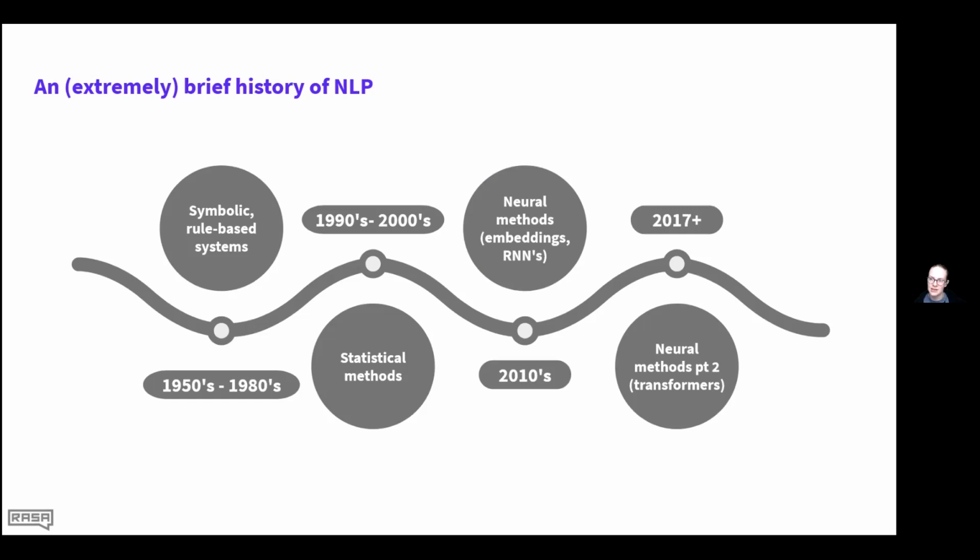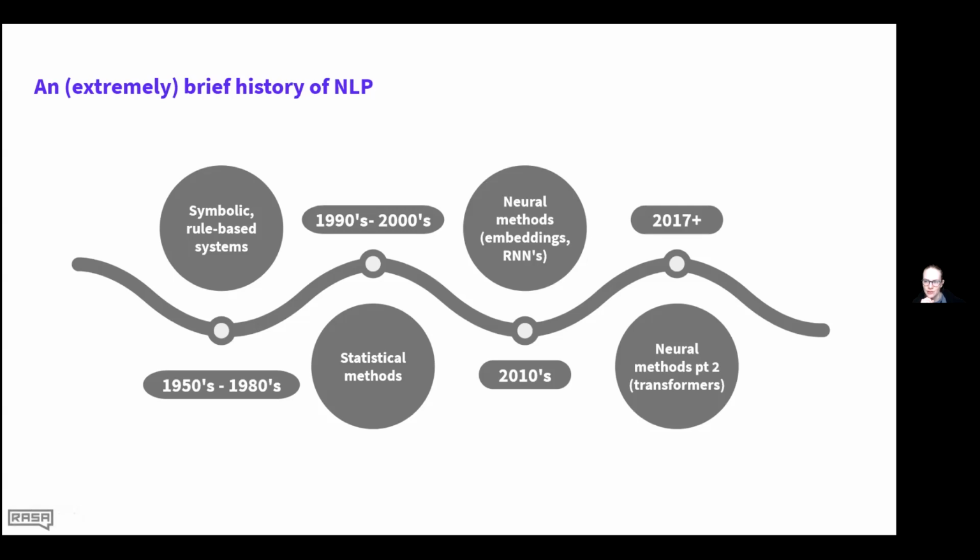And starting in the 2010s, we started to use neural methods, which I would say are an extension of the statistical methods, but instead of statistical modeling, we now had enough compute that deep learning could happen. I'm not going to go too in depth about deep learning. I'm assuming most of y'all have at least a general understanding of how that works, things like embeddings and recurrent neural networks.